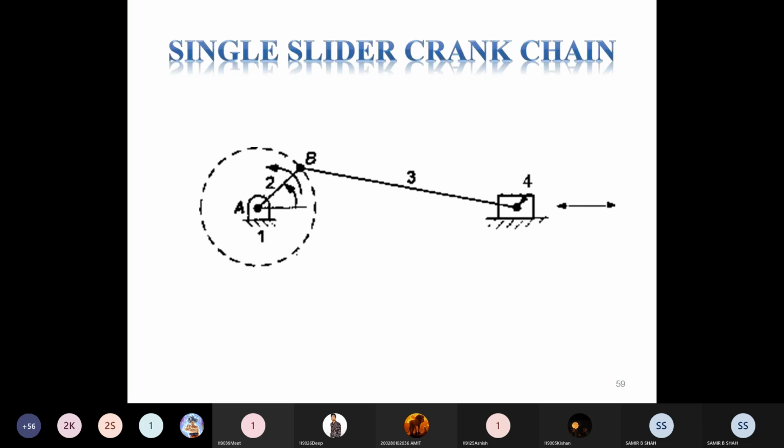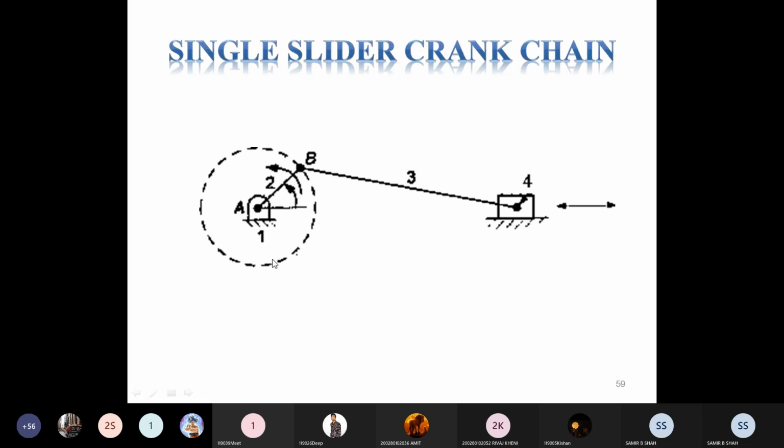Now, next one is the single slider crank chain. Already you know about this mechanism in BME also, how it works, which may be helpful to you in IC engines particularly. Here the first link is fixed, the second link is the crank, the third link is known as the connecting rod, and the fourth link is known as the piston, which may reciprocate.